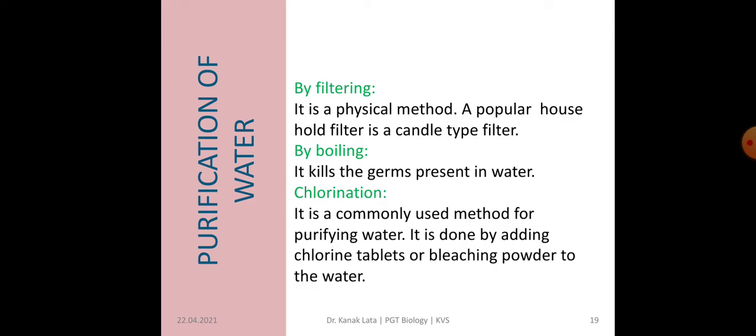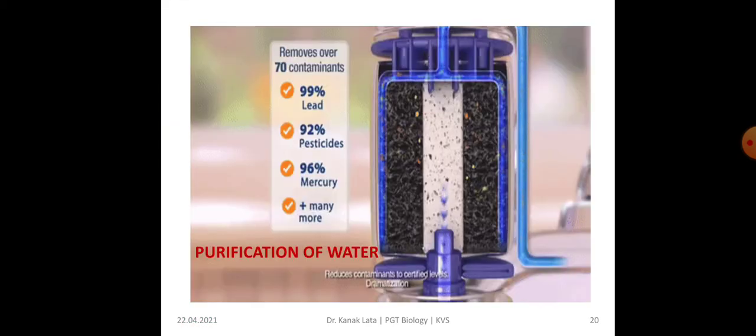Water can also be purified by boiling, because boiling kills the germs present in the water. Another method is chlorination, which is a commonly used method for purifying water. It is done by adding chlorine tablets or bleaching powder to the water, which helps in cleaning the water.